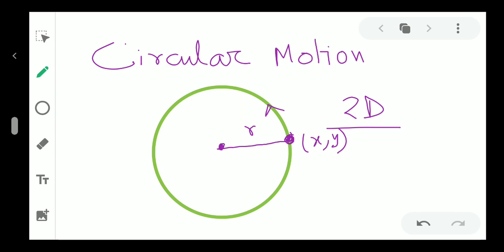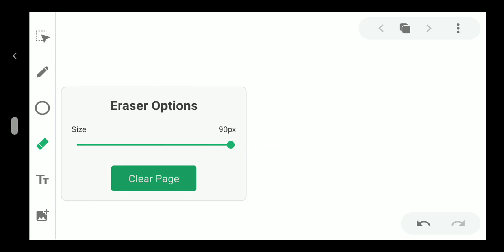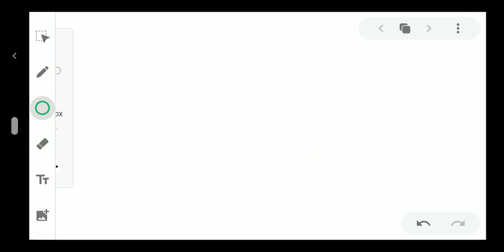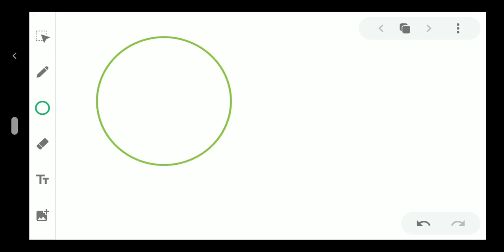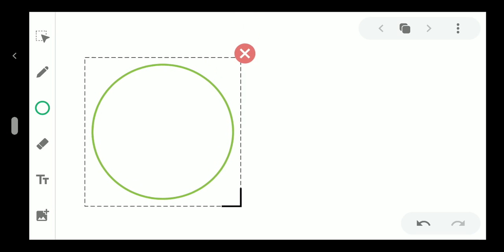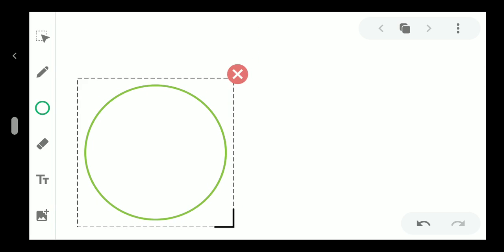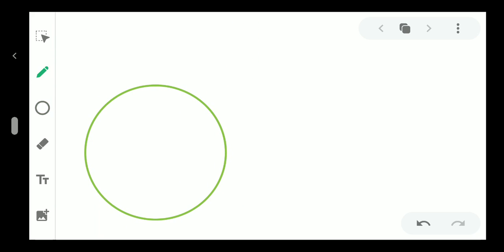Now, when you have a circular motion like that, let us draw this once again. Let us draw this circle, and this is the center. Either I can say that when the body is at this point, the position will be x comma y.